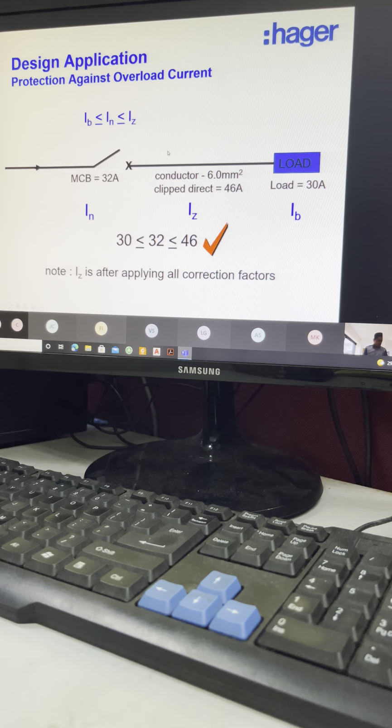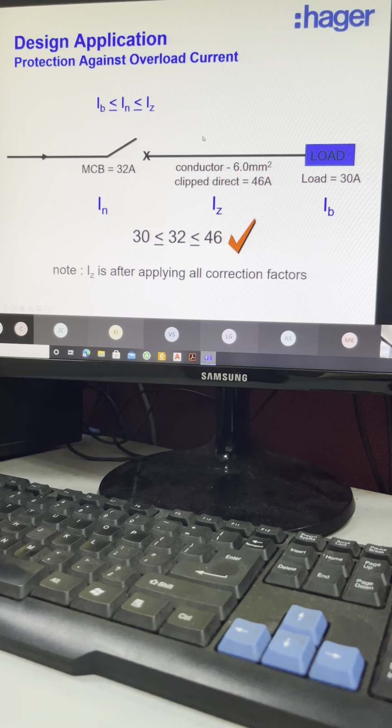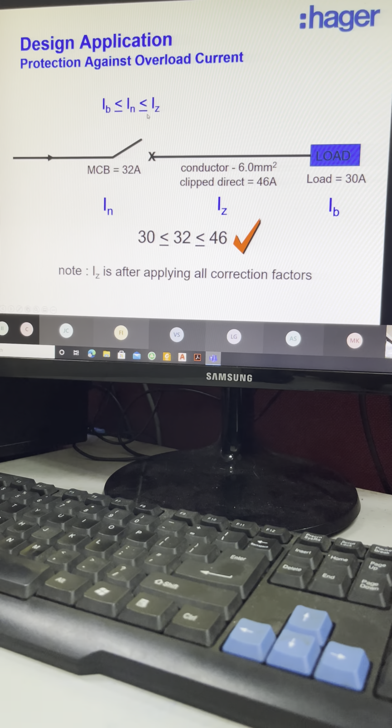Okay, this is another rule of thumb where we need to ensure that your load current must be lower than your breaker current. Otherwise, every time you switch on your load, your breaker will trip. And your breaker current must be lower than your cable current carrying capacity.